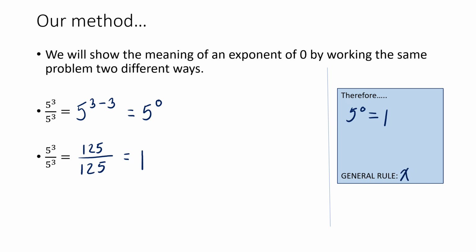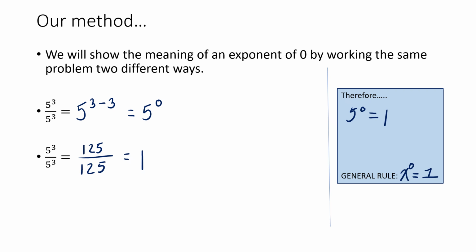I picked a 5 there with an exponent of 3, but we could do that with any number, any variable. If you raise it to the 0 power, you do get a 1. And so that's our general rule of what exponents of 0 mean: if you see an exponent of 0, then that is equal to 1.